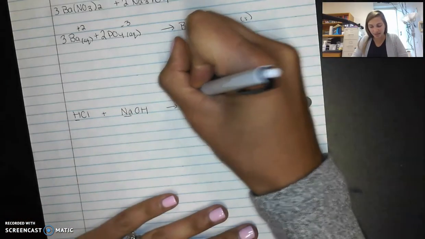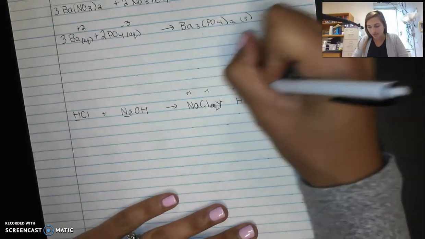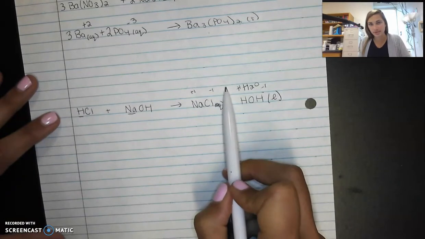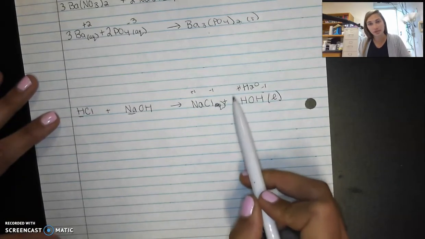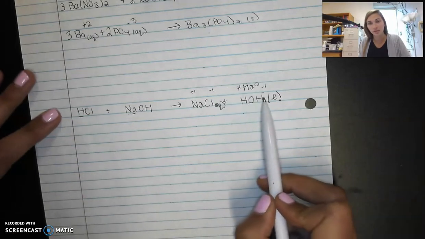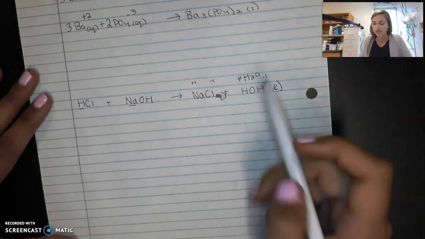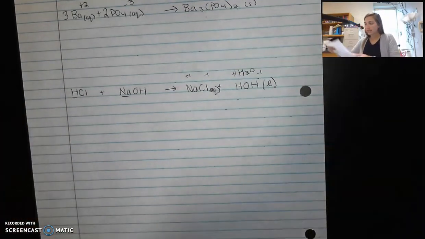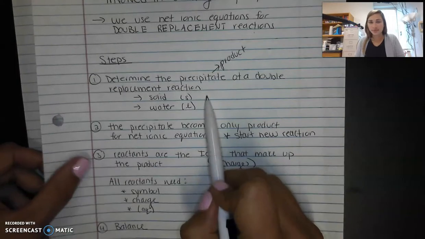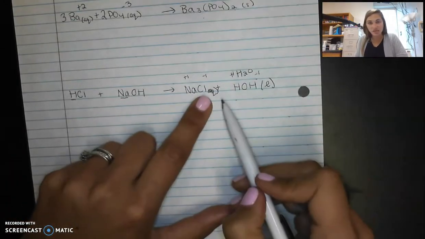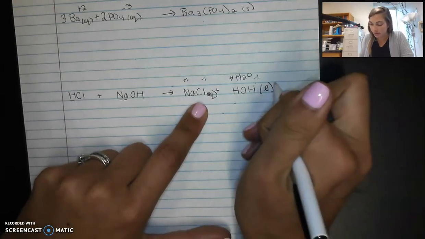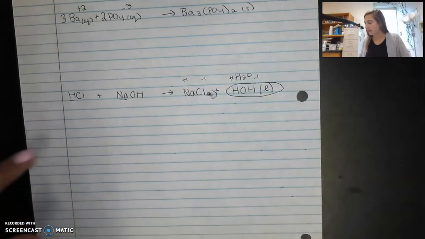Everything had a positive 1 and a negative 1 charge, right? Sodium's in group 1, chlorine's in group 7, which is a negative 1, hydrogen's in group 1, so it's a plus 1, and then hydroxide we can look up on our list of polyatomic ions, so that's negative 1. So it says we have to figure out which ones are precipitate, and aqueous we know is soluble, so that's not our precipitate, but the liquid water is going to be our precipitate.